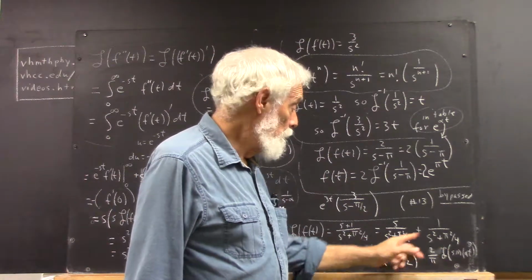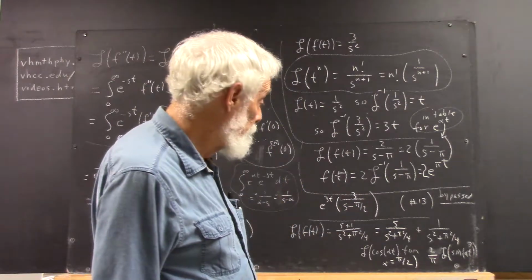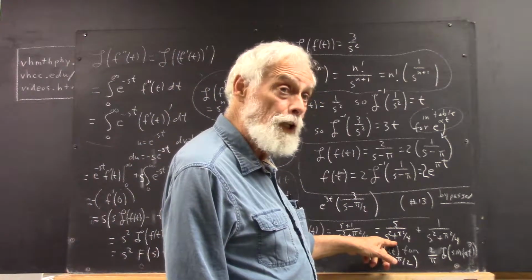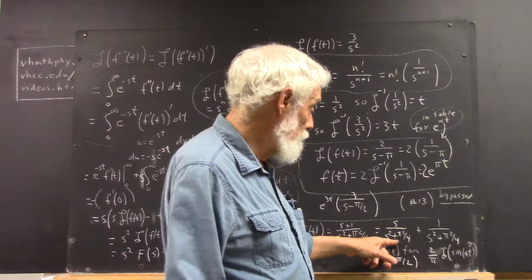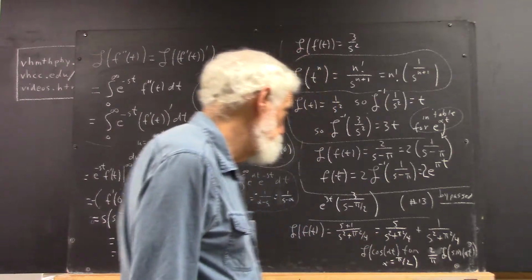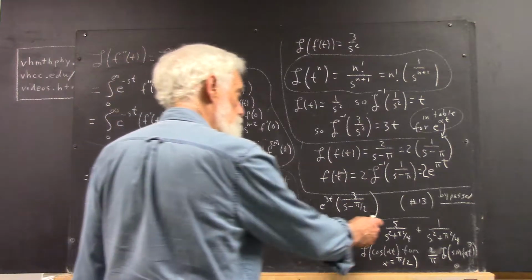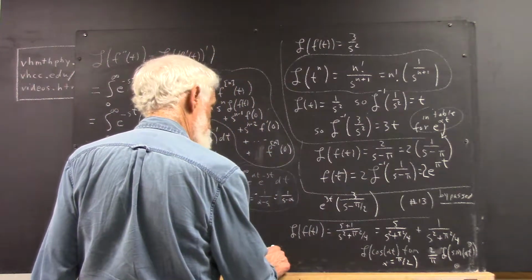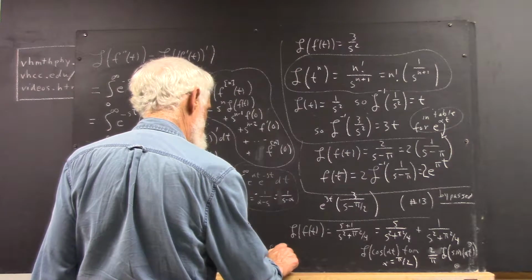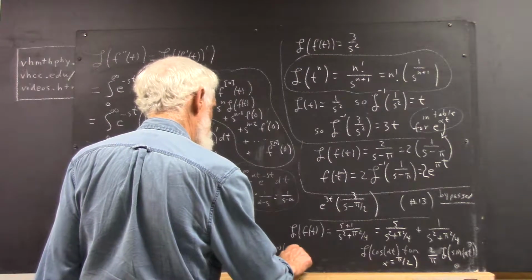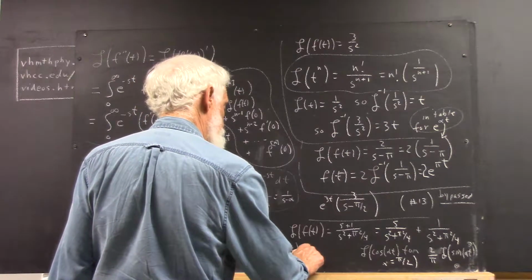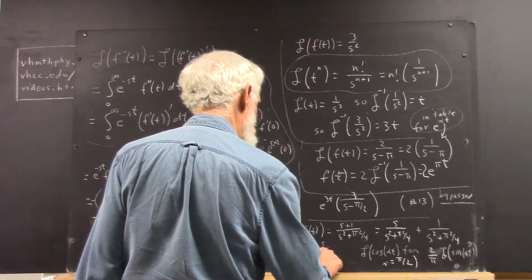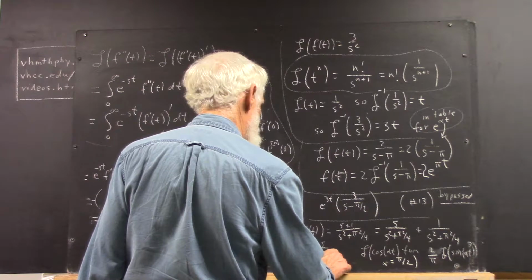Okay, we do this, and now we recognize that there is a function in the table, and we just go to the table that corresponds to this, and that function is cosine of alpha t, which goes with s over s squared plus alpha squared.